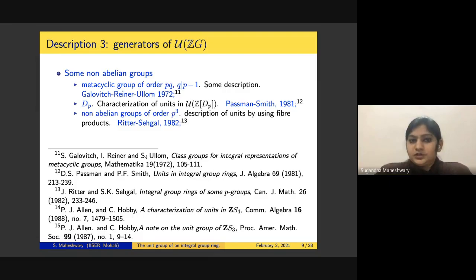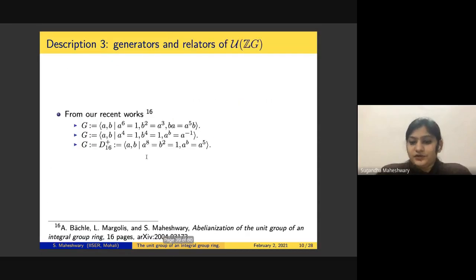So maybe with the tools that we have in hand now, these can be even more refined. And for S3 and S4, we have complete characterization of units. This is work of Allen and Hobby, 1987-88. So these are a few groups which people tried to handle while trying to understand generators of this.